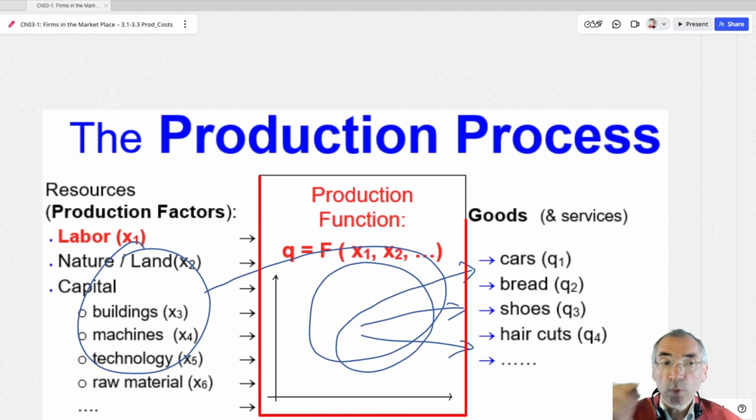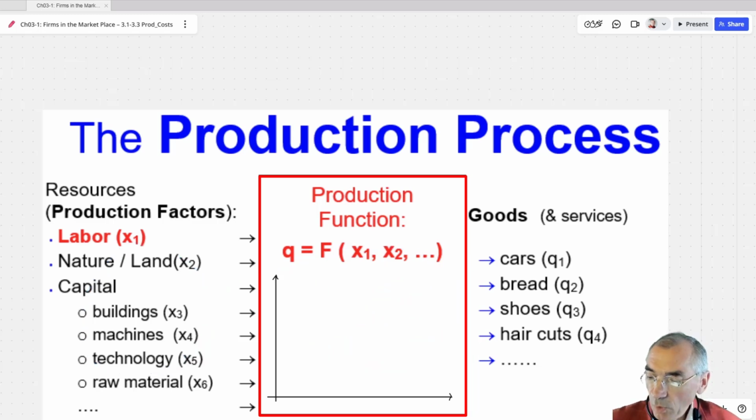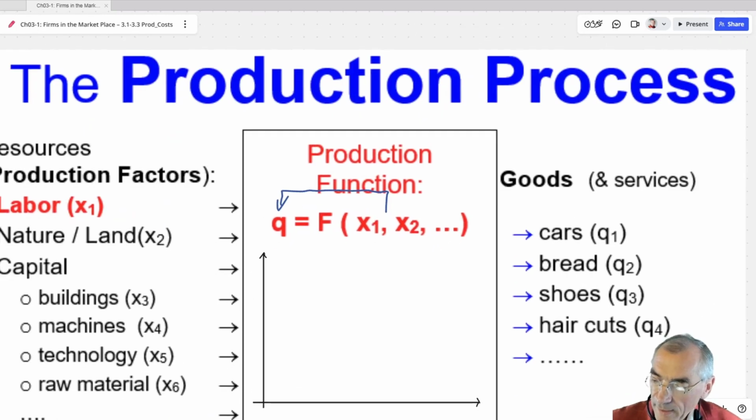And this in between that I made like this with some circles is called a production function. The transfer of the input factors X to output Q. And when we look at this, the graph in this case is mathematically the usual way around.